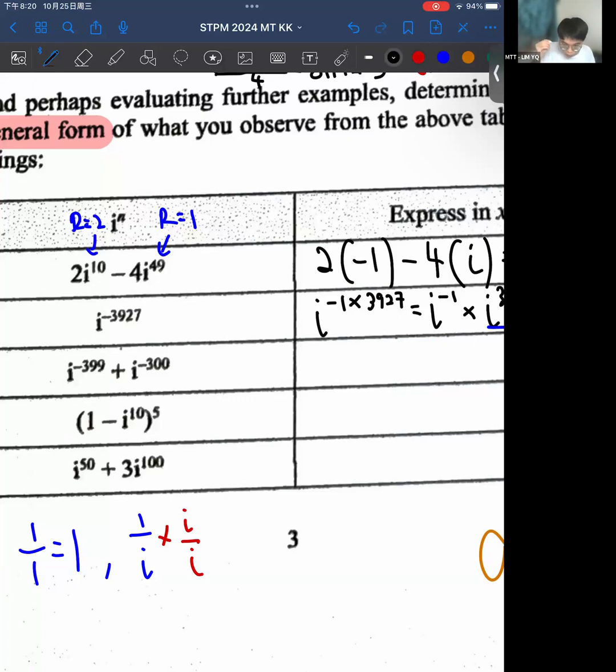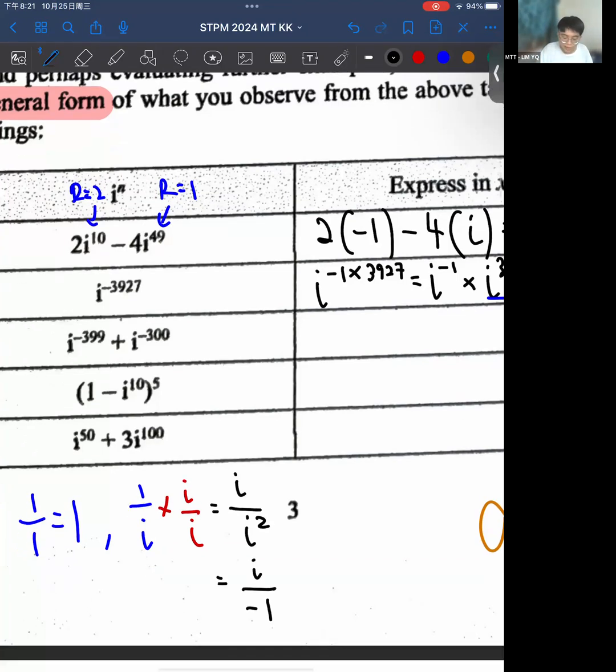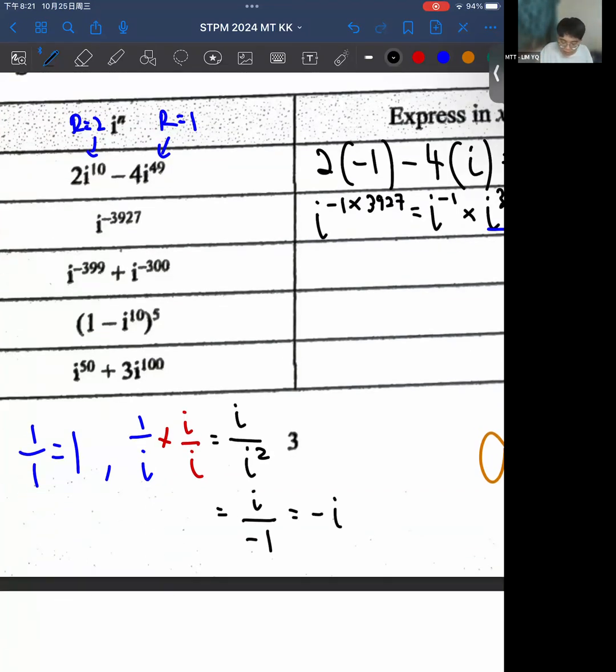This one is a special case of the conjugate. So the upper part is i, the lower part is i square. So what is i square? i square is -1. Divide by -1. Now here only you can put the negative, it becomes -i. This one is true. But just now 1/i equal to i is wrong. Take note.